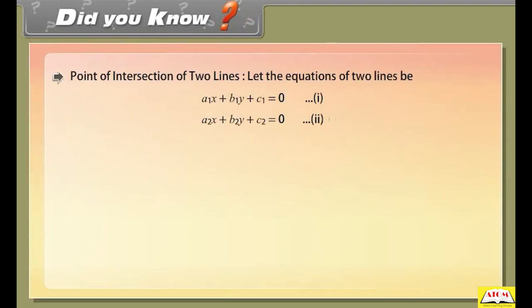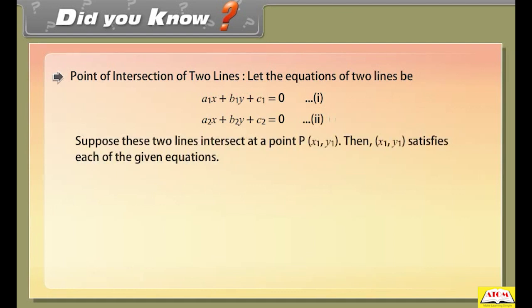Did you know? Point of intersection of two lines. Let the equations of two lines be a1x plus b1y plus c1 is equal to 0, mark it as 1, and a2x plus b2y plus c2 is equal to 0, mark it as 2.